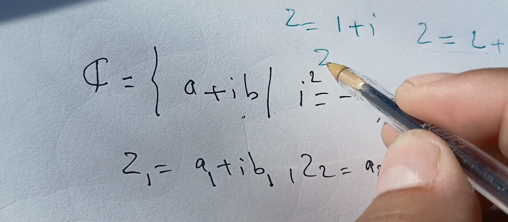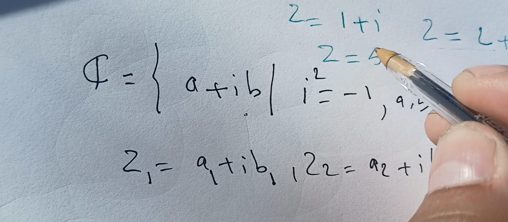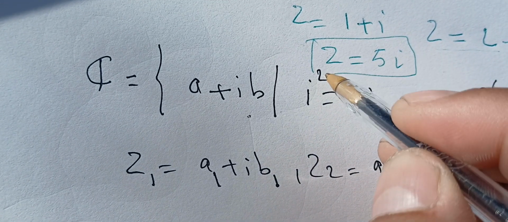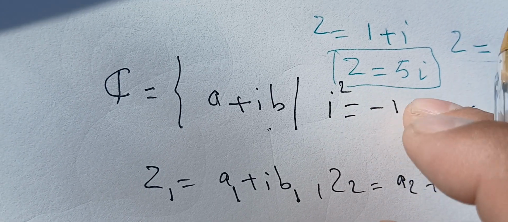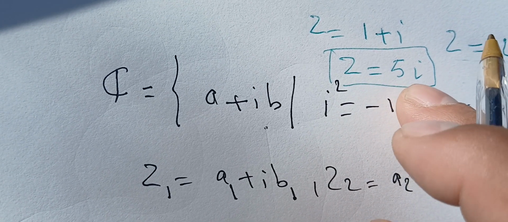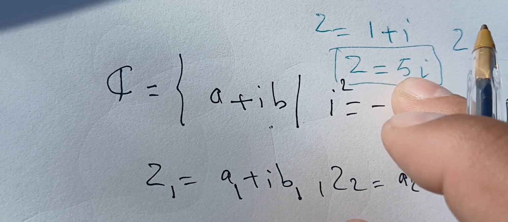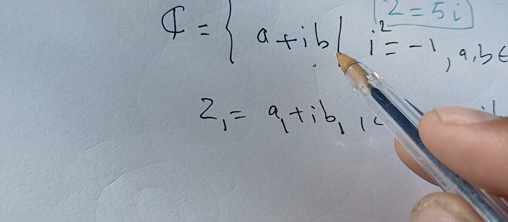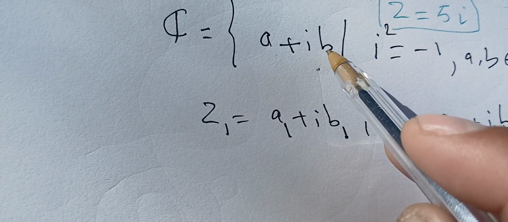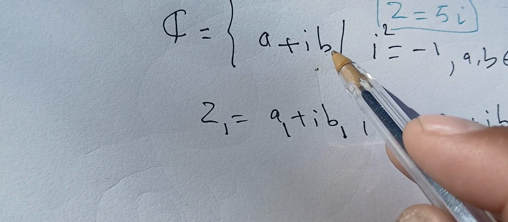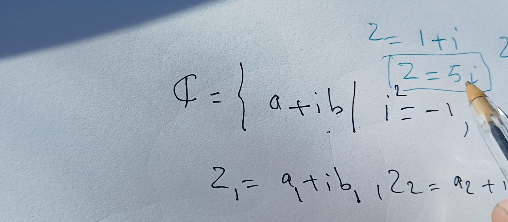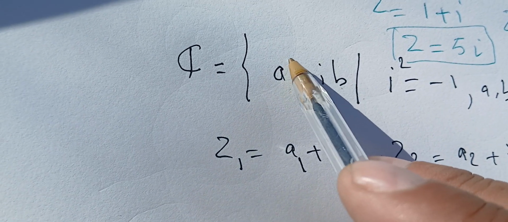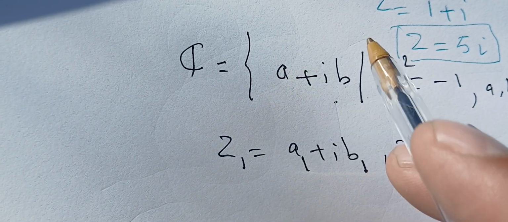Sometimes we can have only the imaginary part, let's say 5i. So this is a complex number, but it has only the imaginary part. So the a is called the real part, the b is called the imaginary part. In this case, this number is called pure imaginary because it doesn't have the part that we call real.